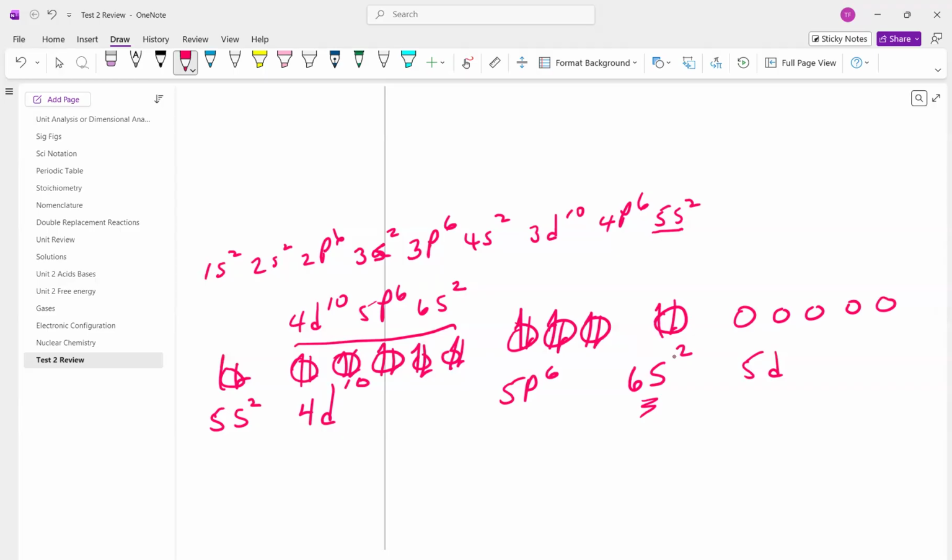ion? Ba plus 2. Let's look at Ba plus 2. If we took 2 electrons away, we would end up with a full shell.